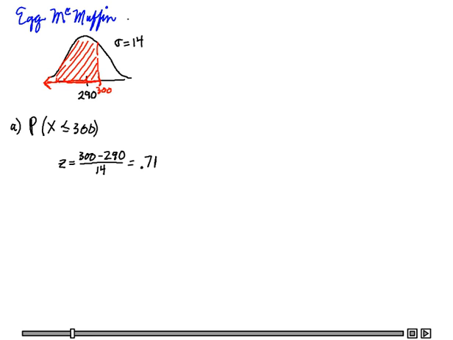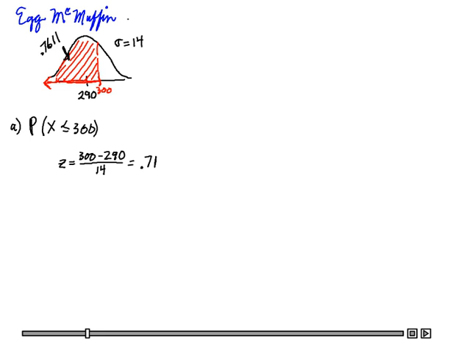Now, looking that value up in the table is going to give me the area to the left of the 0.71 location, and if I look that up in the table, that is going to be 0.7611. So this area to the left is 0.7611. And to find that in the table, I look up 0.71 as 0.7 row and 0.01 column, so that gives me the 0.7611 in the table.